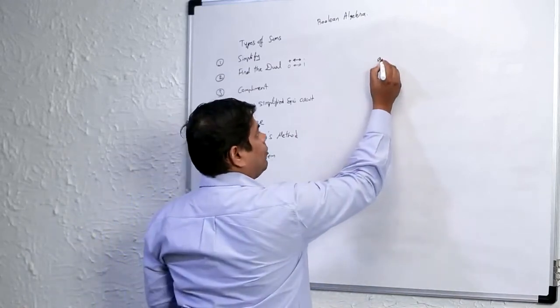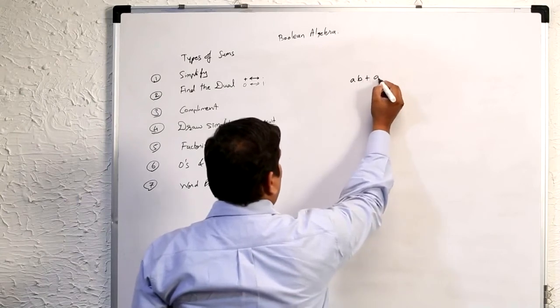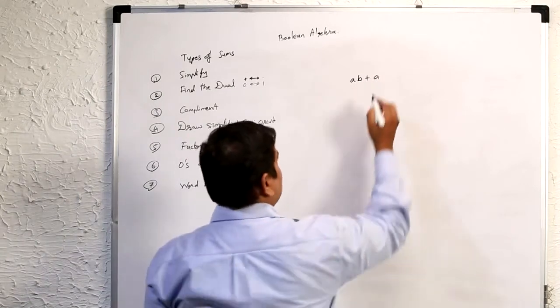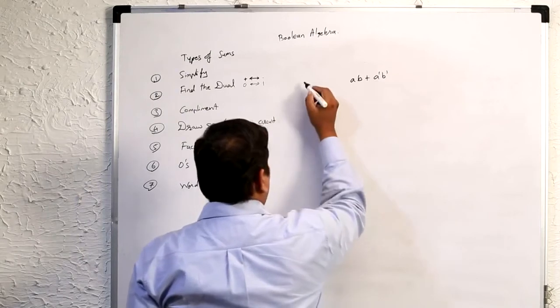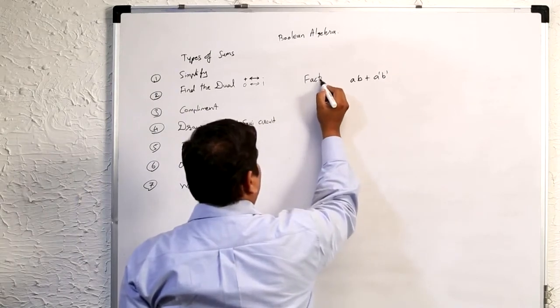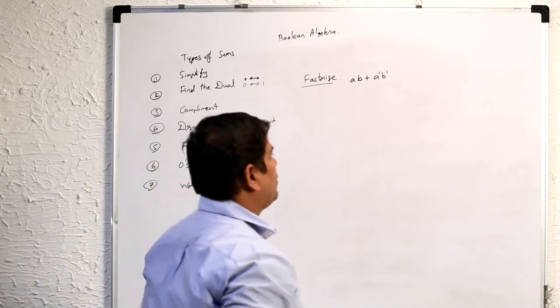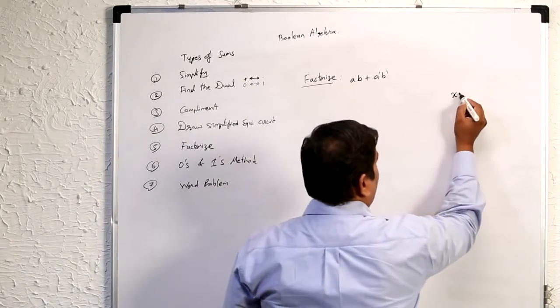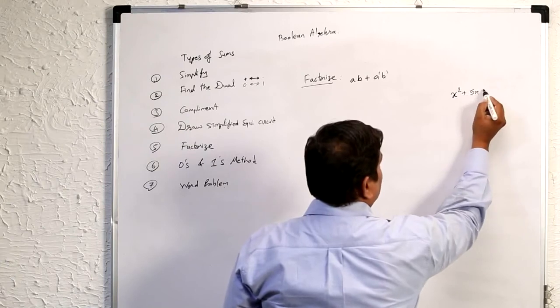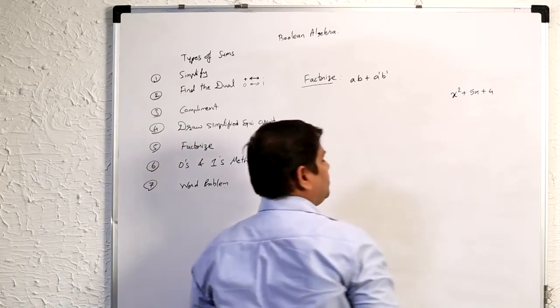We have to factorize AB plus A dash B dash. So our objective is to factorize this. Now let us see what we have done in childhood. X square plus 5x plus 4.